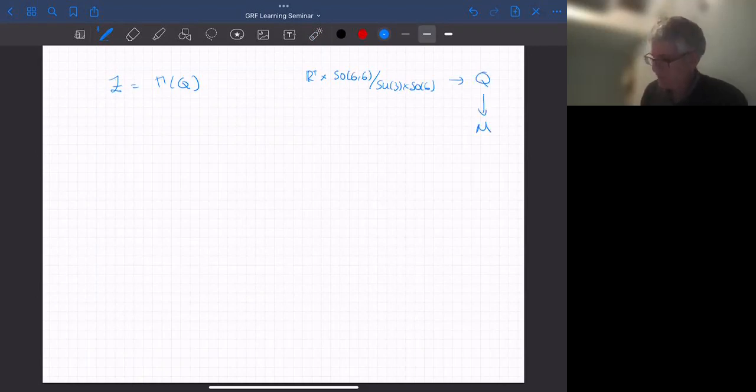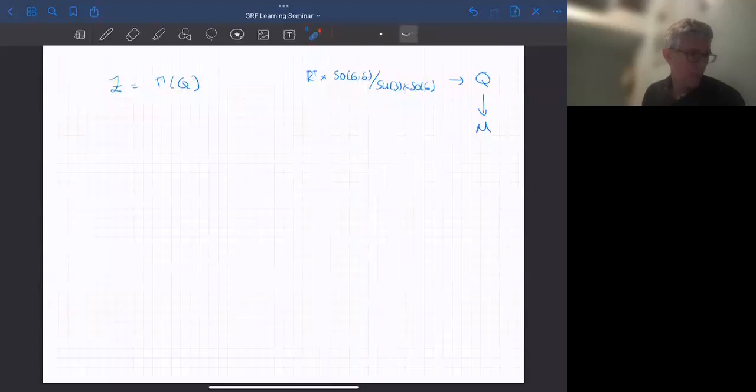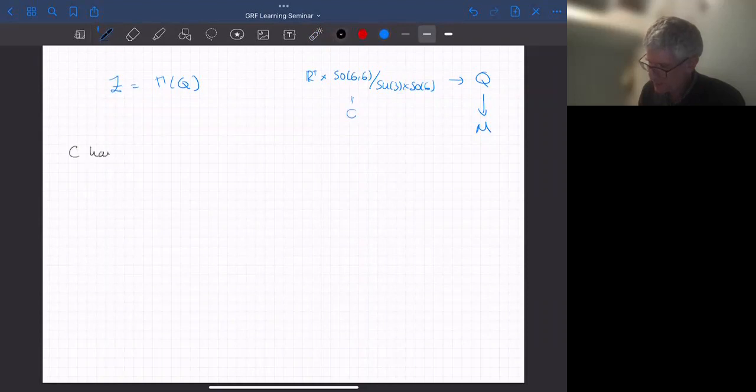So this is just saying point by point, I need to choose an element of this space in order to define the structure. And this space C has a natural Kähler cone structure on it. It's just inherited from the fact that it's appearing as this coset.